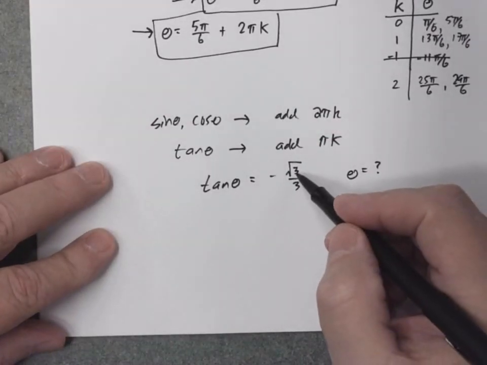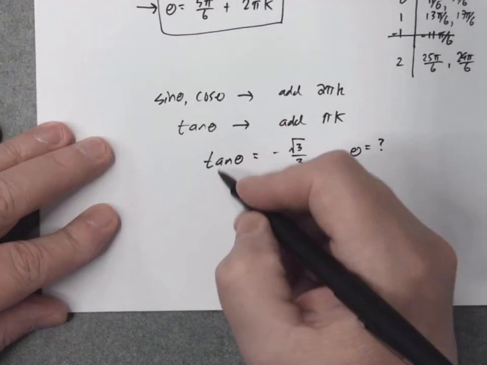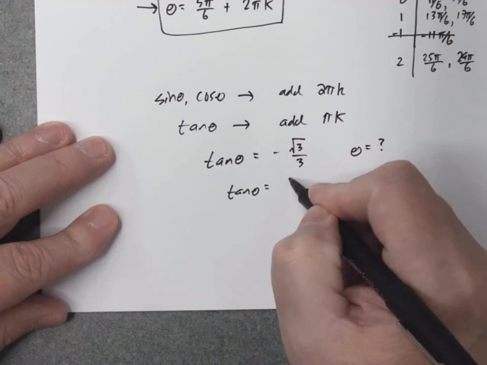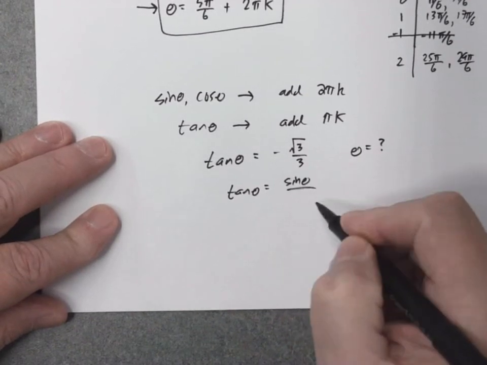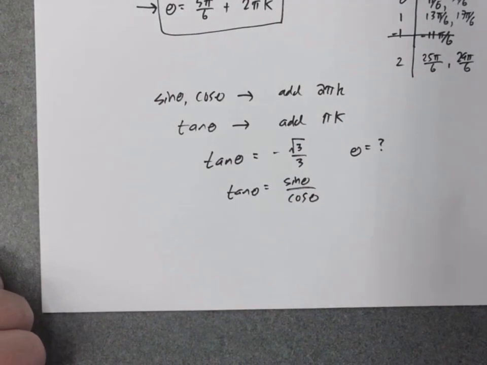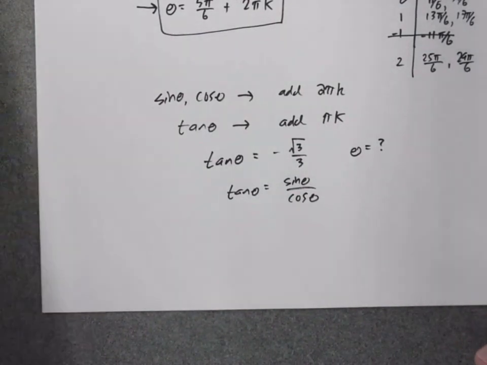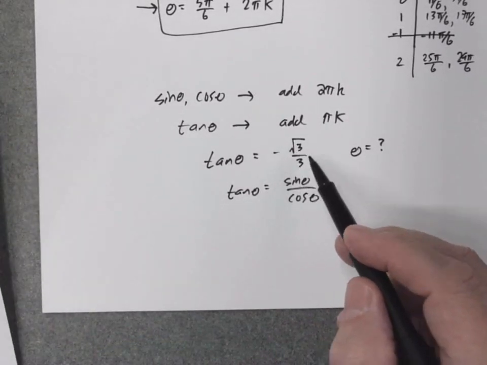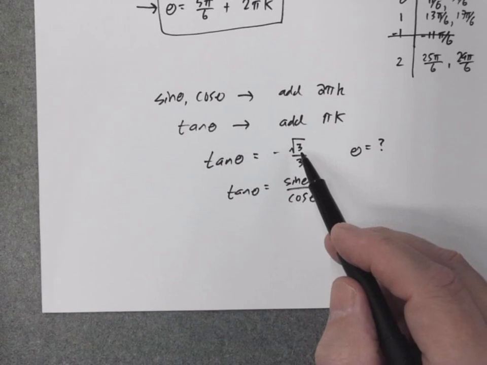Now tangent can be sort of tricky because the way I do it is, once again, you think of tangent as sine over cosine. So I need to get some kind of fraction like this.